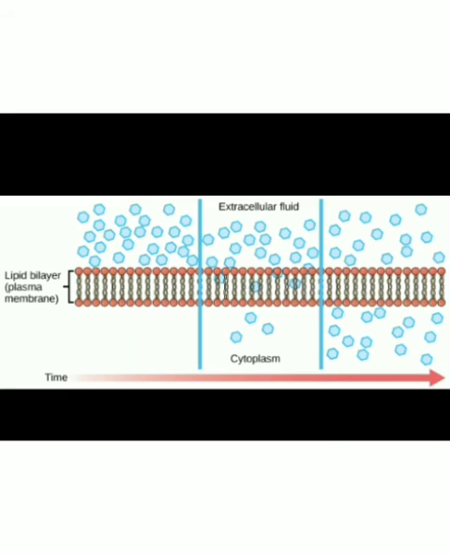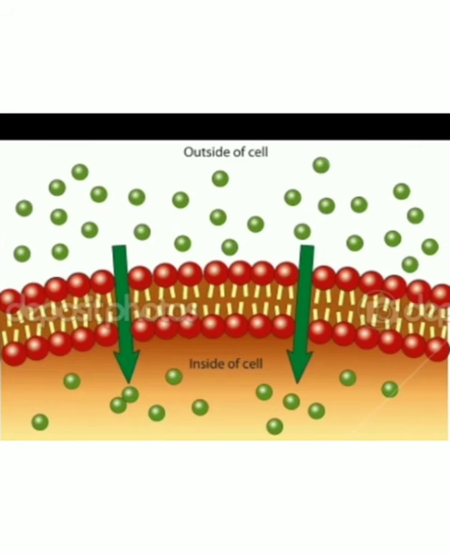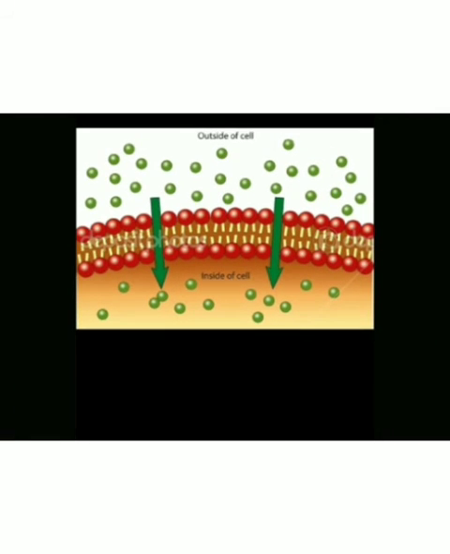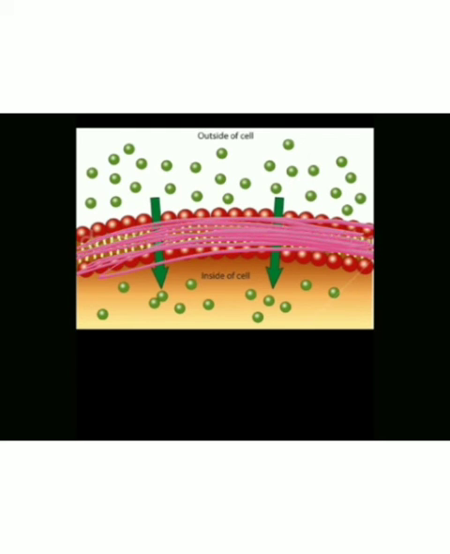In the same way, water also obeys the same law of diffusion. The movement of water molecules through a selectively permeable membrane: what is meant by a selectively permeable membrane? Here what you are seeing is a selectively permeable membrane. It allows only some substances inside and gives out only a few substances out of the cell.